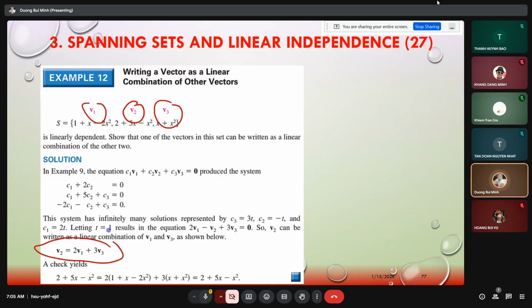Of course, it is very difficult to recognize, right? If it is difficult, we need to go back to these tips: get the linear combination of all vectors equal to 0, and then you find c1, c2, c3.